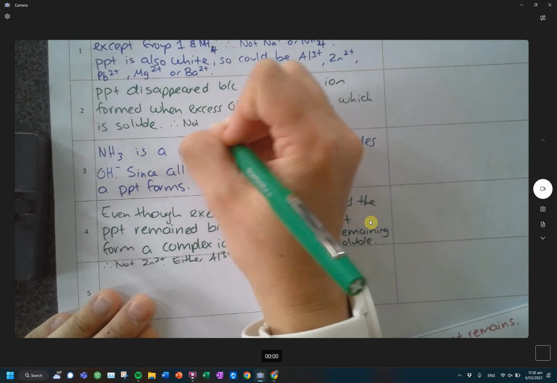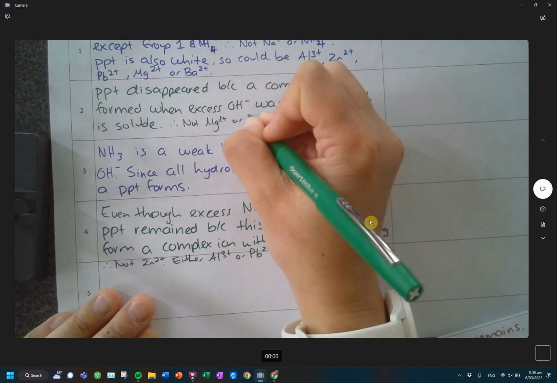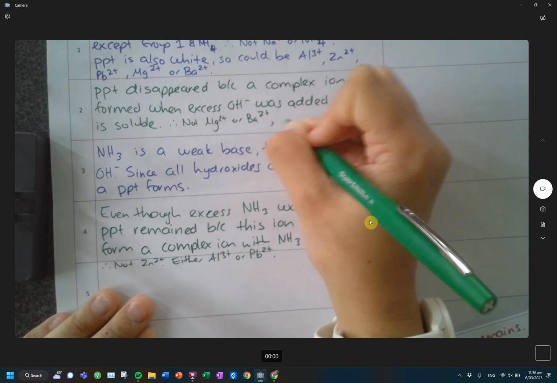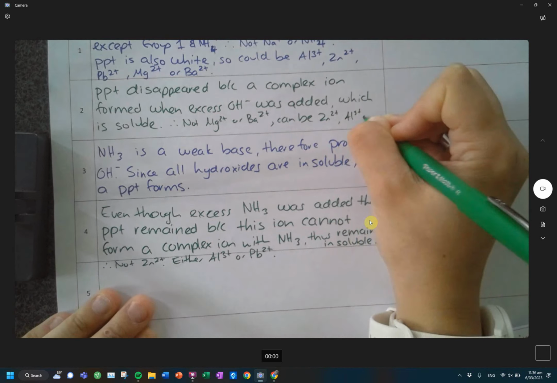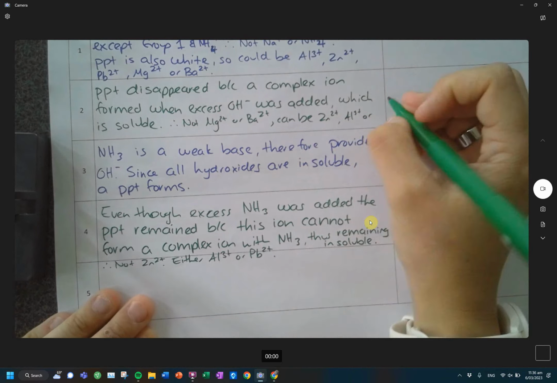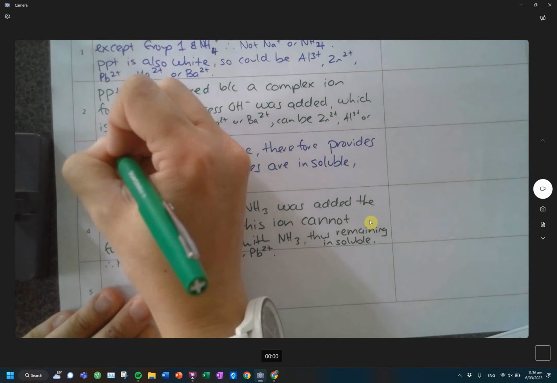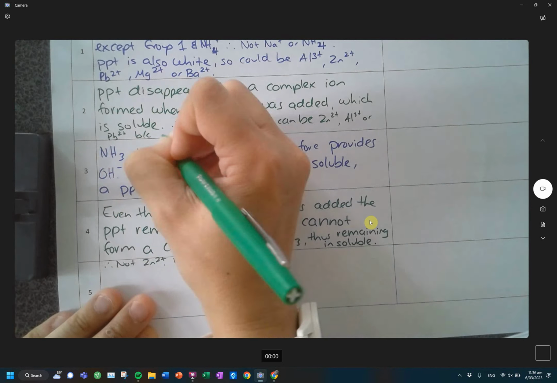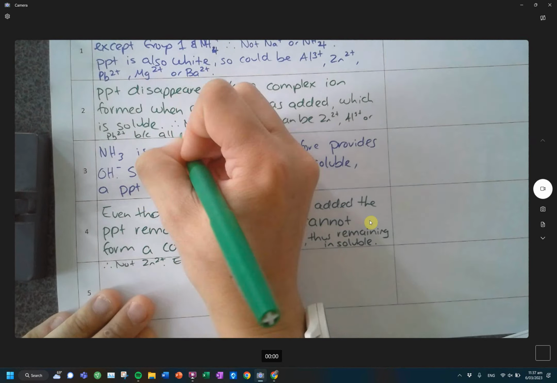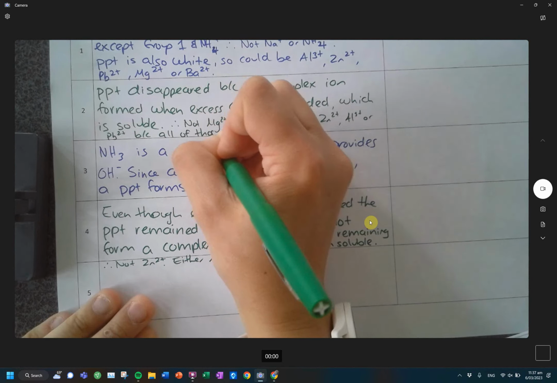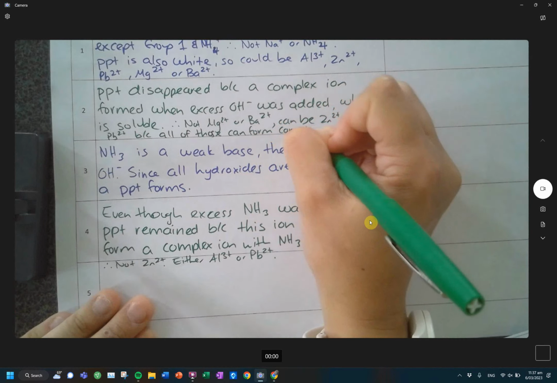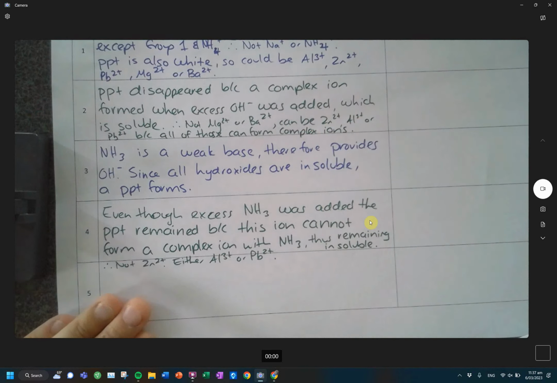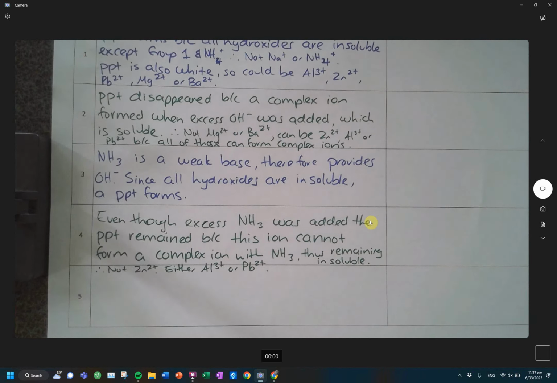Therefore, not Mg2+ or Ba2+, it can be zinc, aluminium, or, what was the last one? Lead. Because all of those can form complex ions. So I'm just adding some extra level of detail just to show that you are certain what you're doing and why.